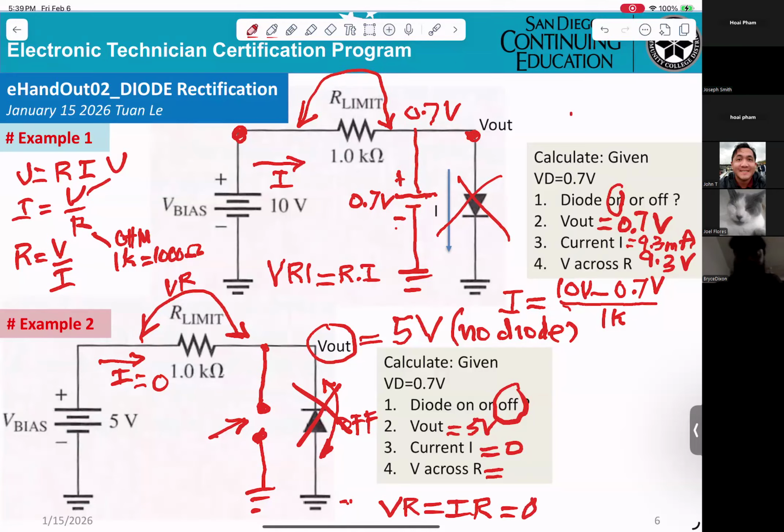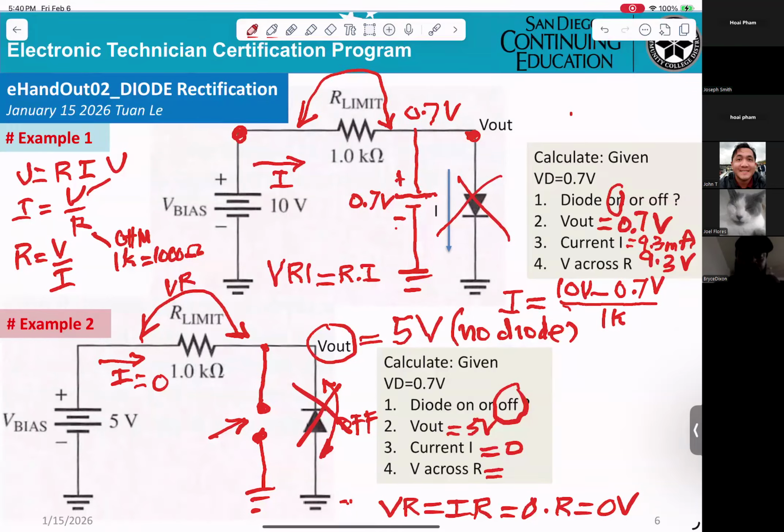Times R. So with the circuit open, there's no current. The voltage is there, but across the resistor it is 0. VR equals I times R. I equals 0, open, no current flow.